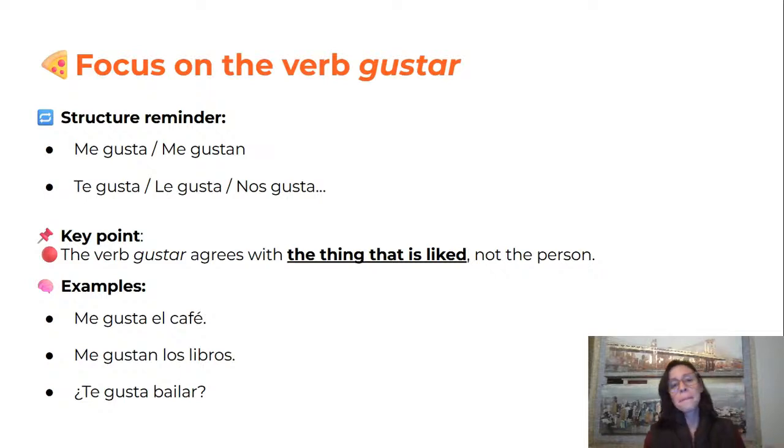Okay? But that's not all the information, because the verb gustar also agrees with the thing that is liked in number. So if we like one thing, we have to use gusta.